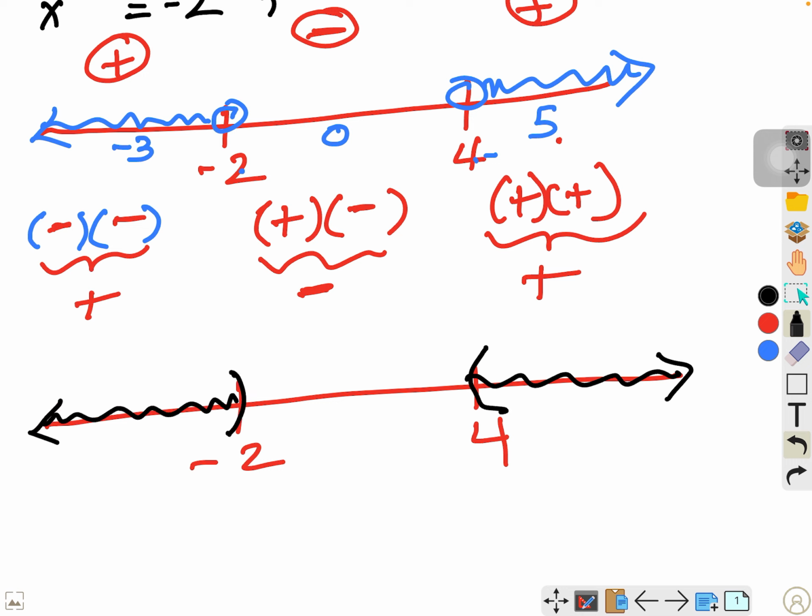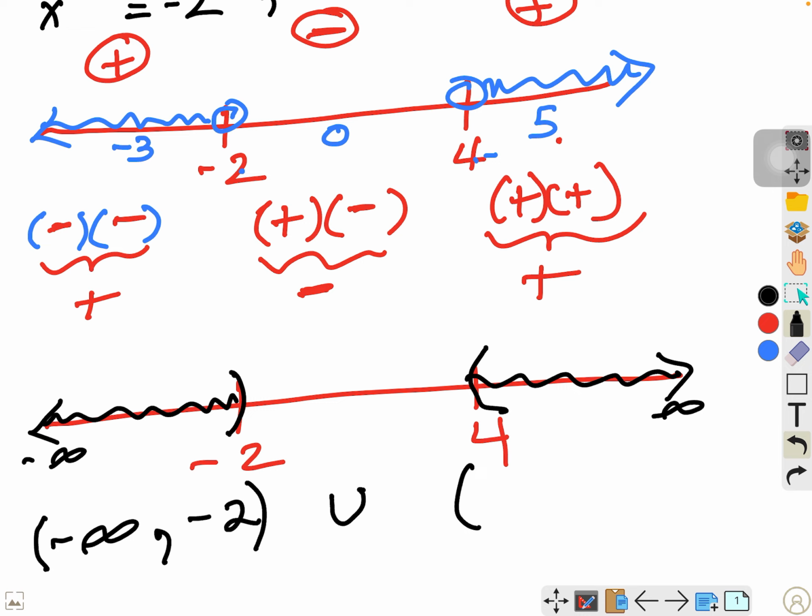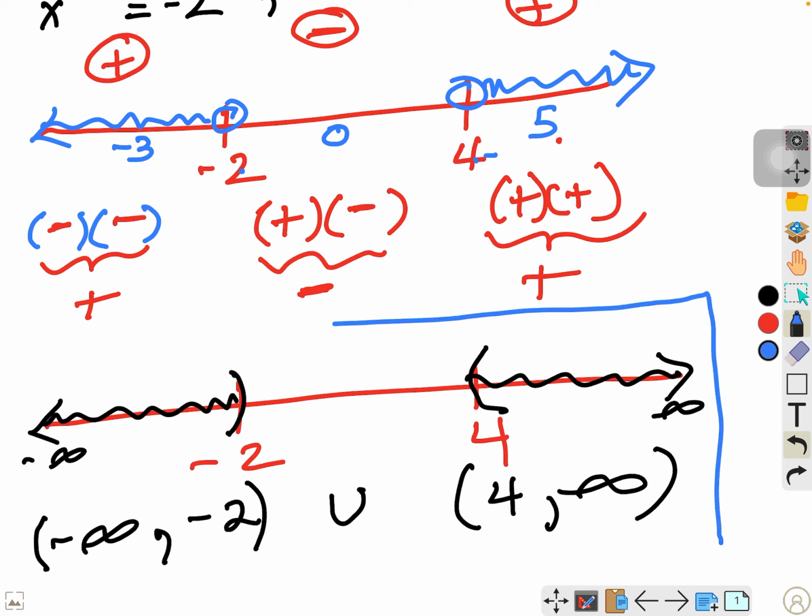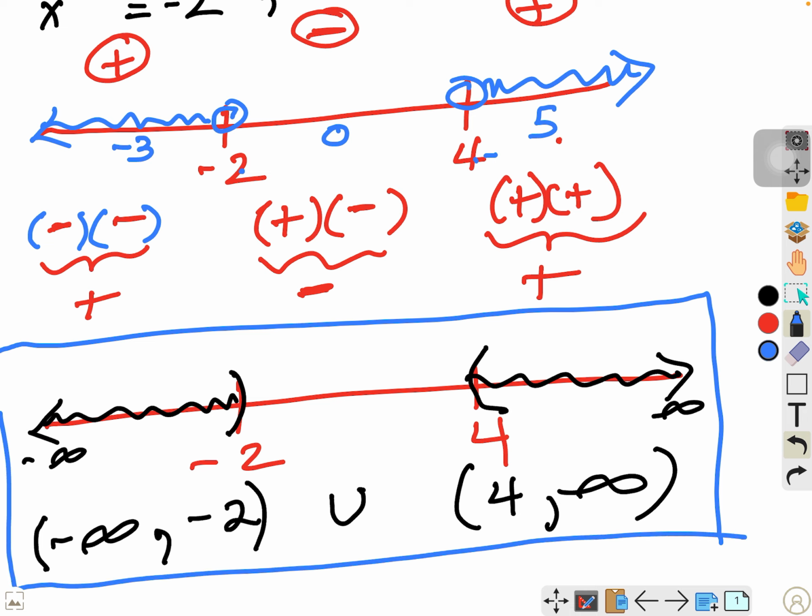And so in interval notation, not including negative infinity, and going to -2, not including that endpoint, joined with the interval from 4 out to positive infinity. So that's interval notation and graphical form of the solution set. Okay?